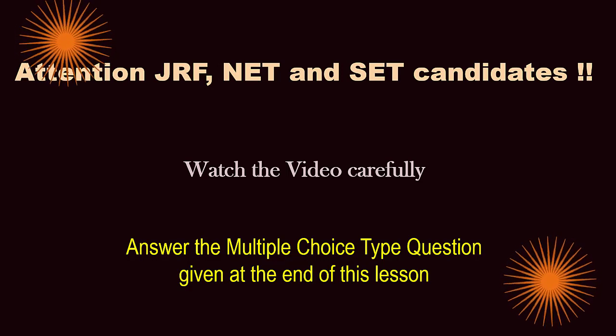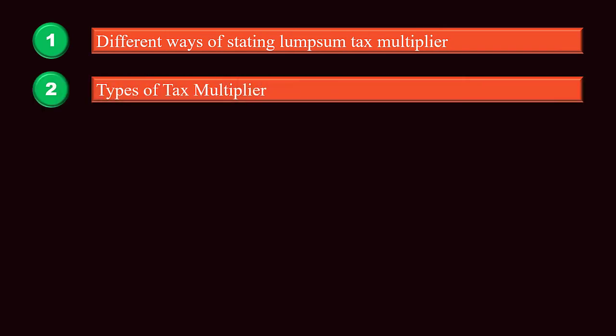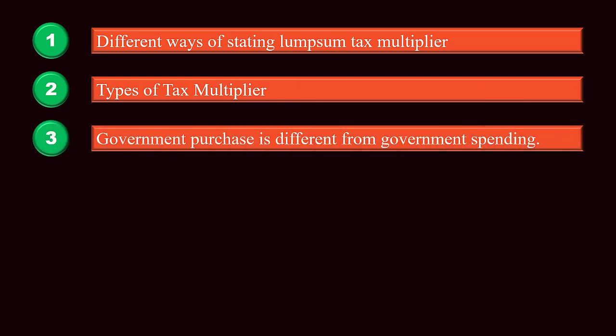This way you shall take practice and master your ability to answer the questions fast. This lesson consists of 6 parts. First part is about different ways of stating lump sum tax multiplier. Second part deals with the types of tax multiplier. Third part differentiates government purchases from government spending.